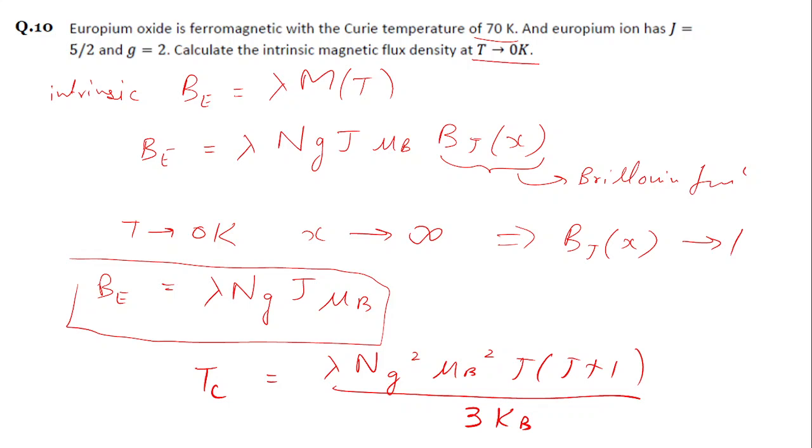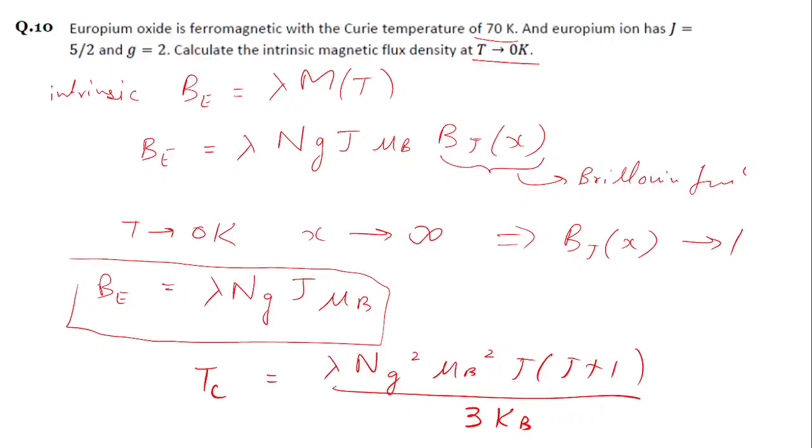From this, we can understand how we can write this, because lambda is there, n times g, one g is there, j is there, one mu B is there. So I can write this Tc as some product of Be also, right?